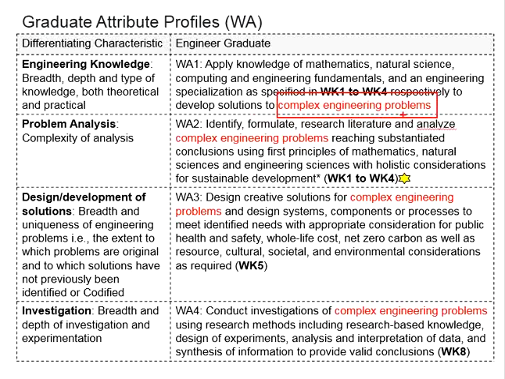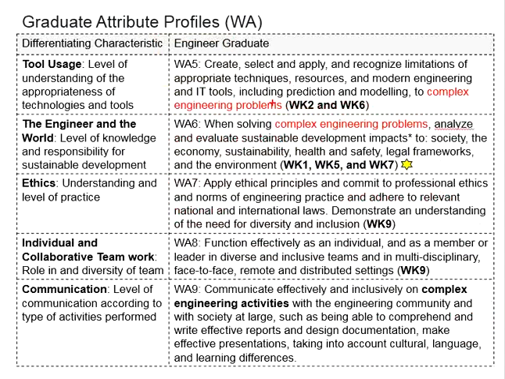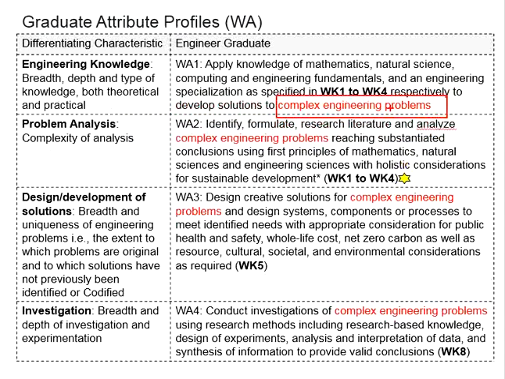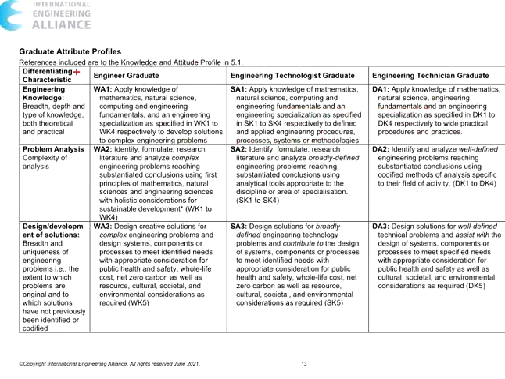complex engineering problem. You see these complex engineering problems in WA1, WA2, WA3, WA4, WA5, and WA6. This complex engineering problem establishes the unique characteristics of engineer graduate as compared to the other types of engineering programs.